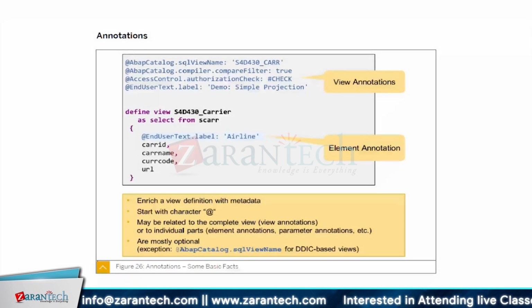For each field, you can write different annotations, and we write that annotation just above that field. So the annotation I have written in the CDS view is applicable for carrid, not for the remaining fields. Whichever annotations for whichever field you want to write, you can write on top of the field. These are called element level or field level annotations.